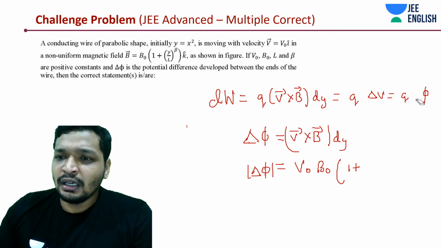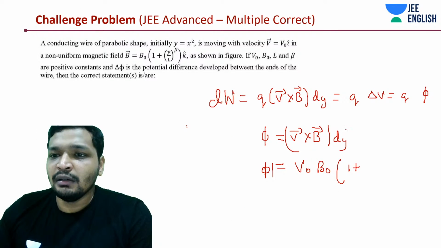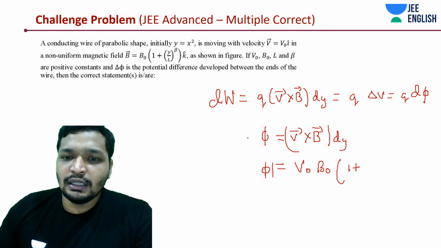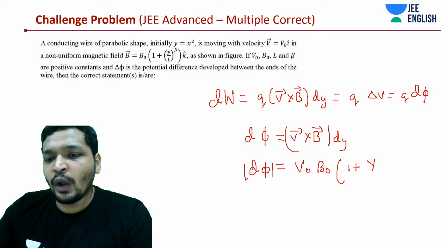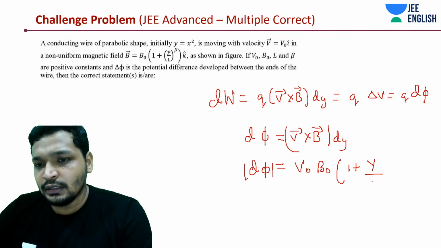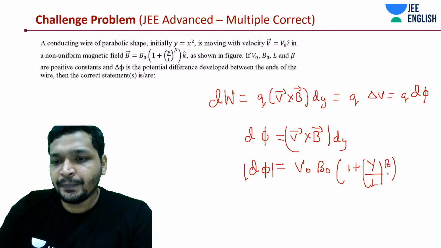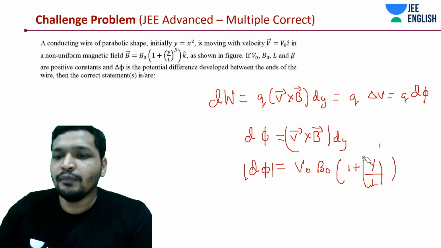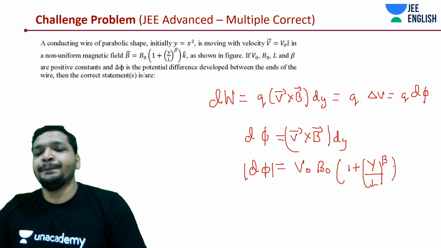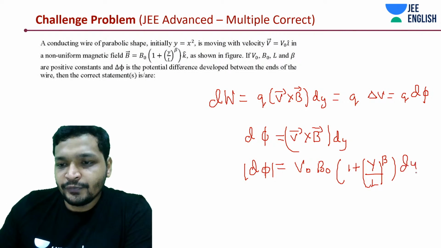Generally an elemental quantity is called d phi. So d phi is V naught B naught into 1 plus y by L to the power beta, into dy, very sorry.